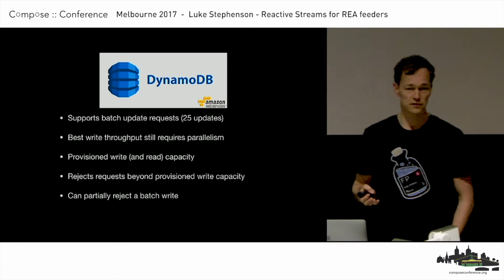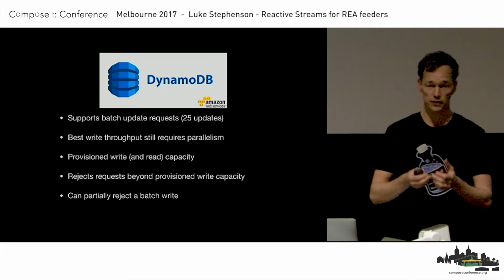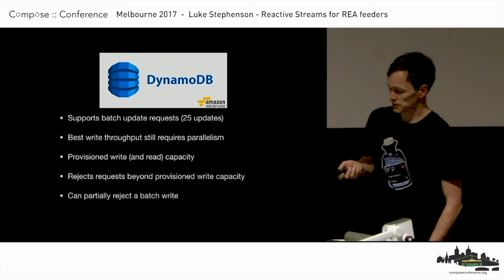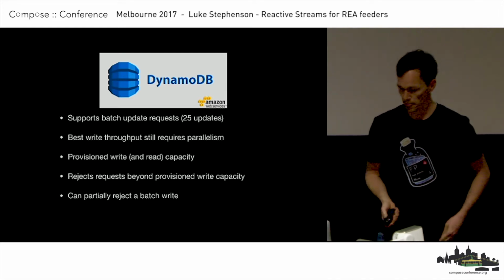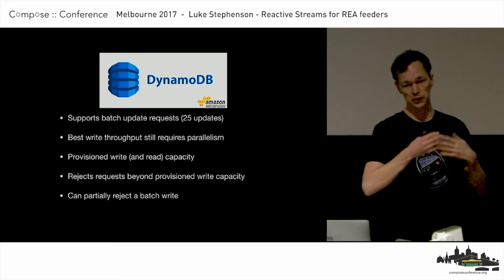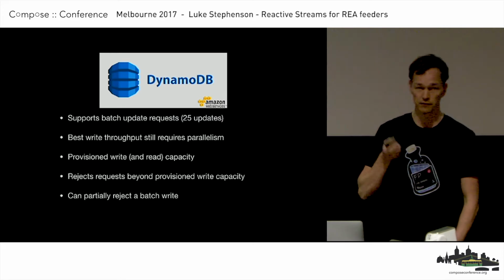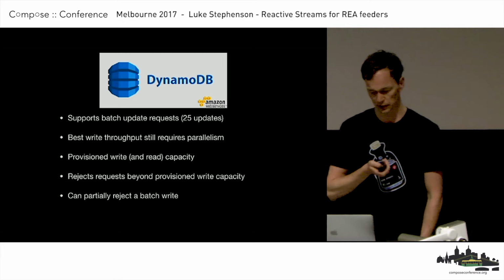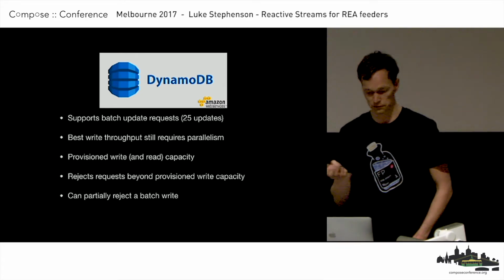But even though it's got batches, if you want the best write throughput, you're still going to have concurrent parallel requests at once. It's got provisioned read and write capacity. So you tell Amazon how much capacity you need and they'll provision that for you. Unlike a database, where as you increase load it might start to slow down, with Dynamo you'll have a fairly linear response, but once you've hit the capacity you've asked for, it'll just reject requests. And if you're giving it a batch request, it could partially reject half that request and satisfy the other half.